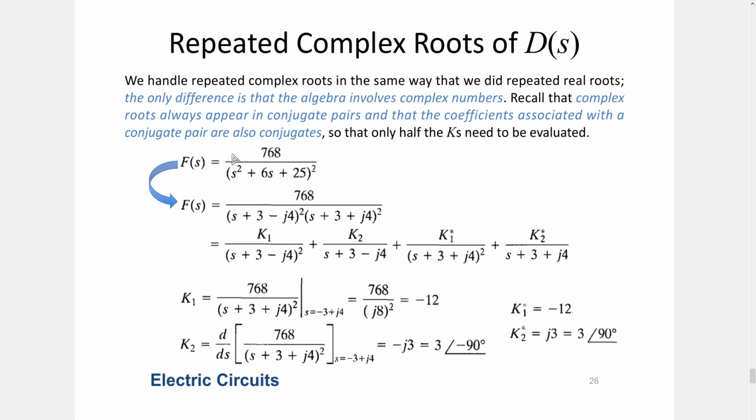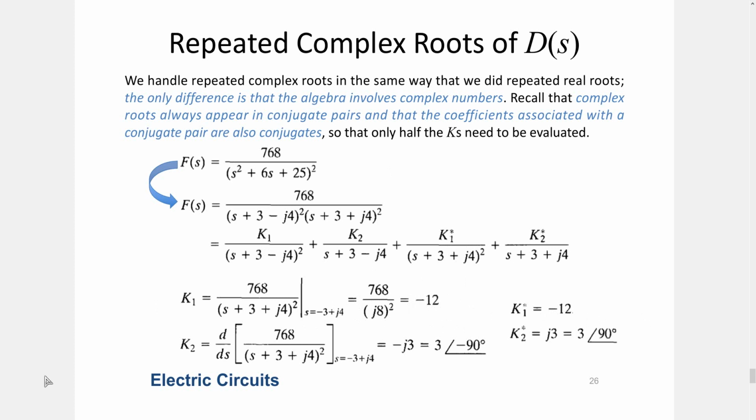Now, in order to solve for k1, we isolate it by multiplying with (s plus 3 plus j4) squared, and then substitute minus 3 plus j4 for s, and then k1 will be equal to minus 12, as you can see here. So the conjugate of k1 will be again minus 12 because it's real, we don't have any imaginary parts. So k1 star and k1 are minus 12.